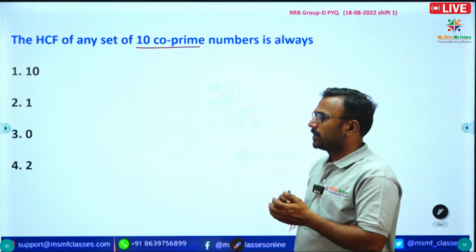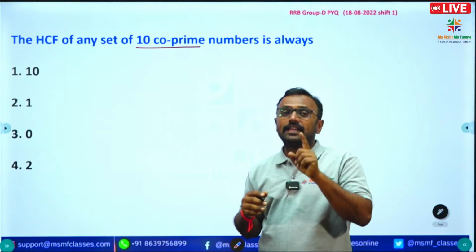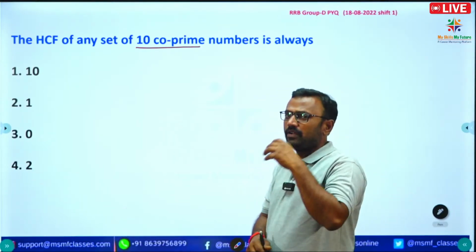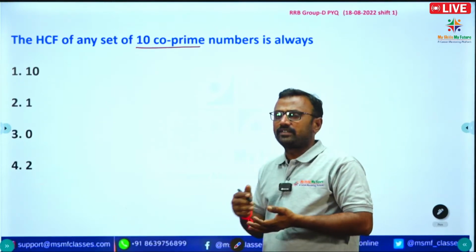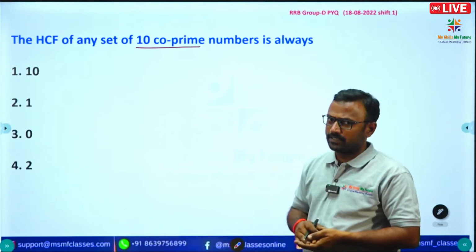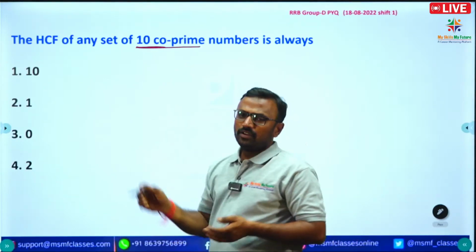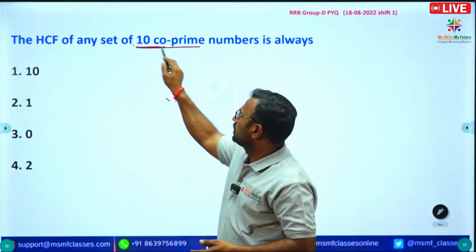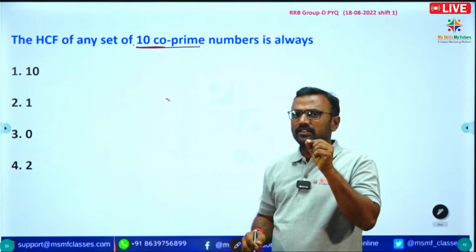So co-prime numbers are numbers that don't have a common factor except 1. So 1 is the highest common factor for co-prime numbers. For any set of numbers, not only for 10, we can take 4 or 5, the highest common factor for co-prime numbers is 1.